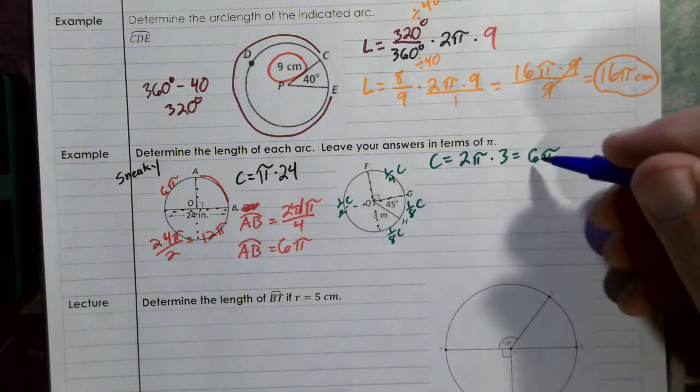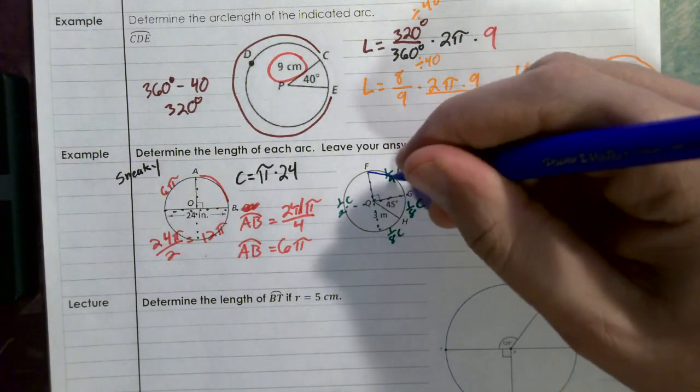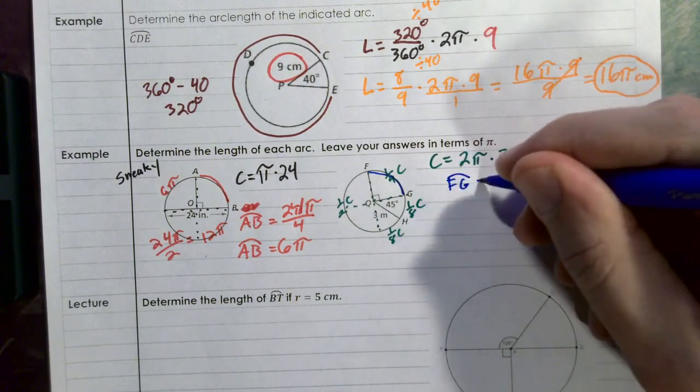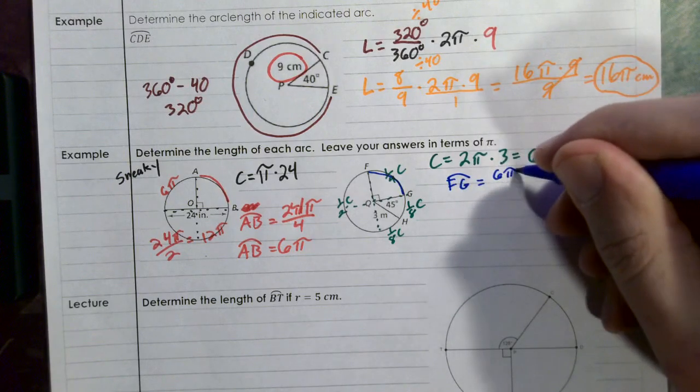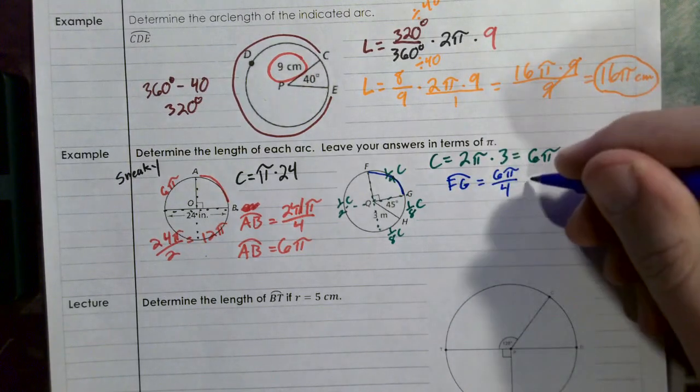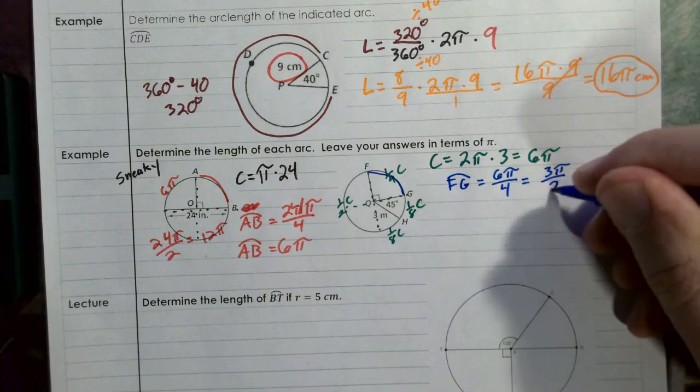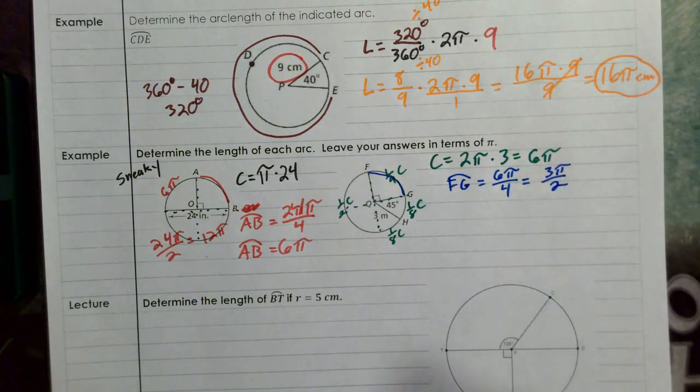So my arc right here for FG has got to be 6 pi divided by 4. So that is 3 pi over 2. That's no problem.